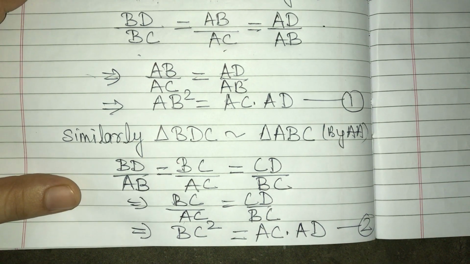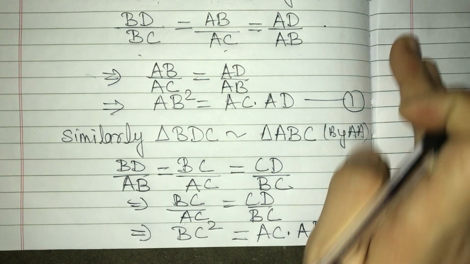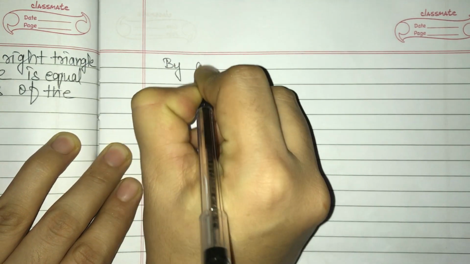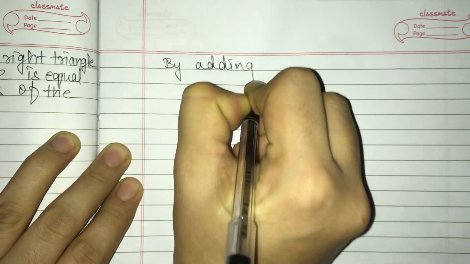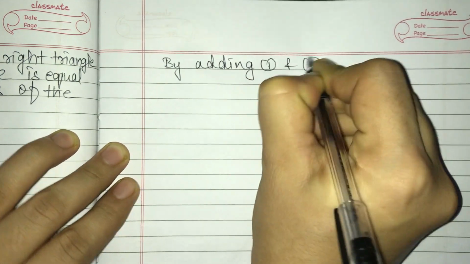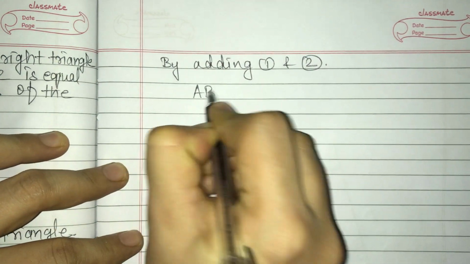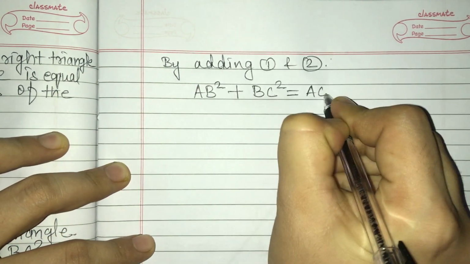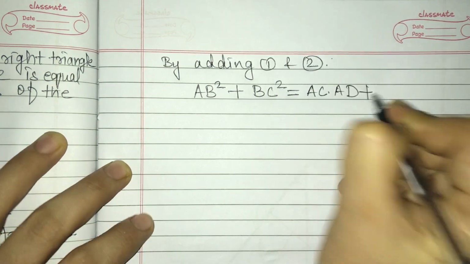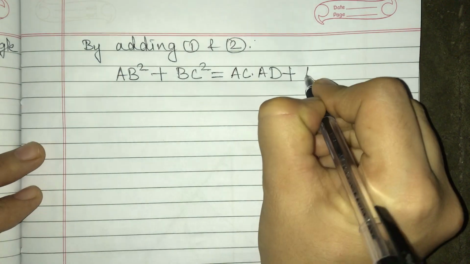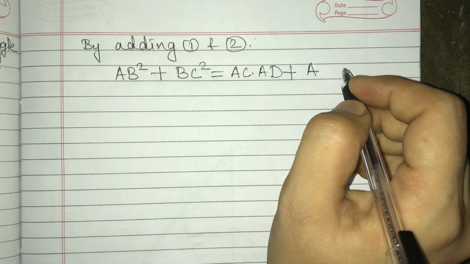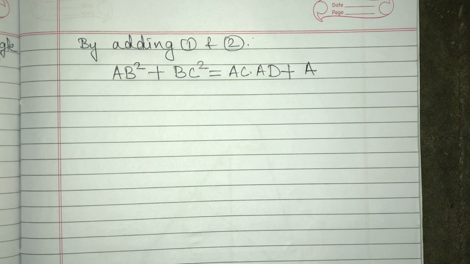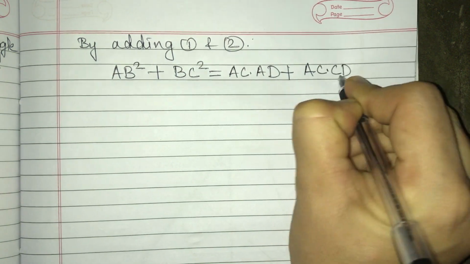Now what we are going to do, we are just adding equation number 1 and equation number 2. So by adding equation 1 and equation 2, we get AB square plus BC square equals AC into AD plus AC into CD.